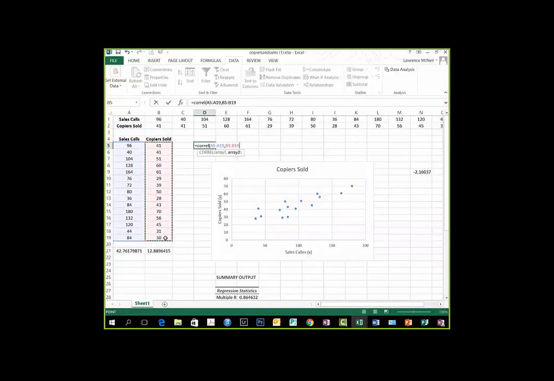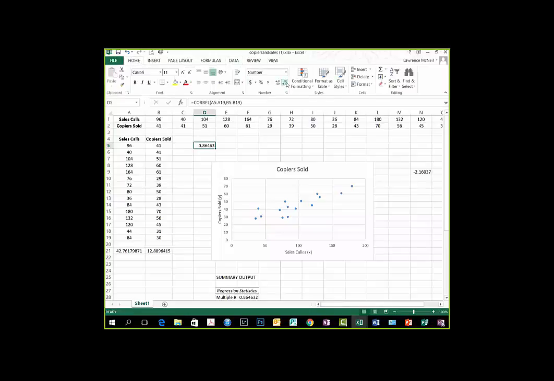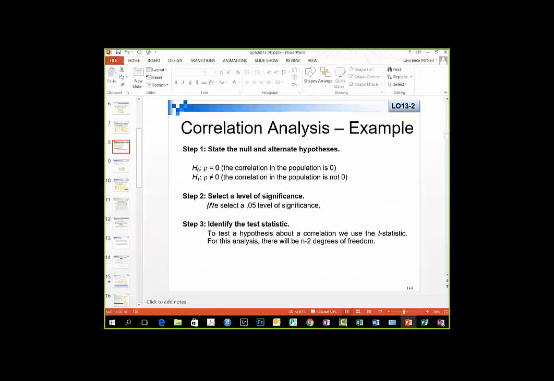I've got array 2, close parentheses, hit enter, and there you have it, 0.865 if I am rounding to 3 digits, okay? And that's it, there's our R, which obviously is much easier than going through these steps.